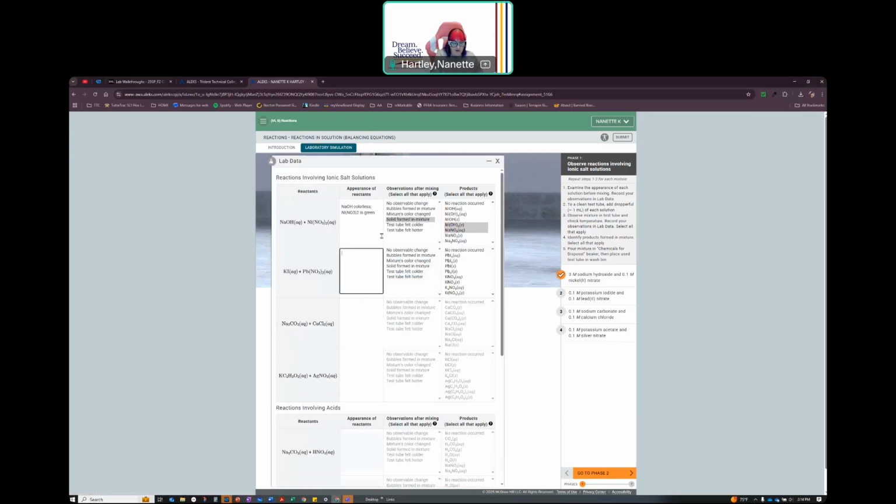I have both colorless solutions form a yellow solid. Or the white solid there, so sorry. We saw no change in temperature.